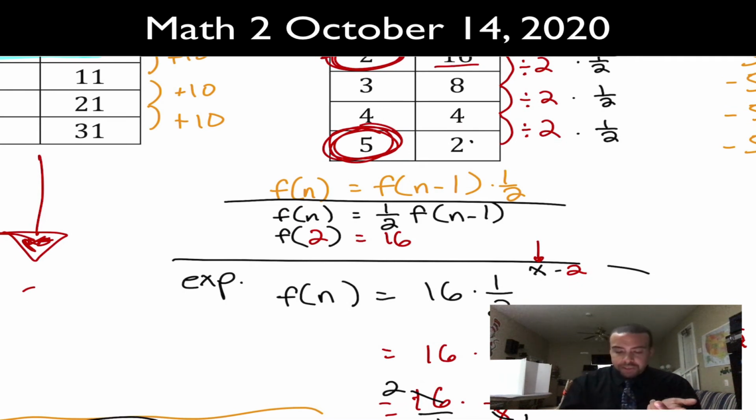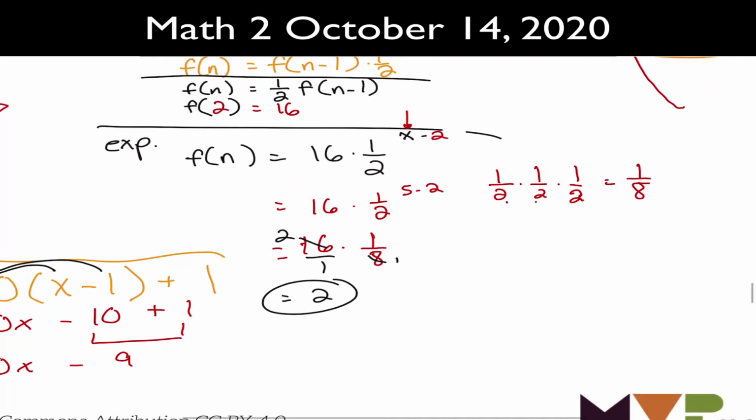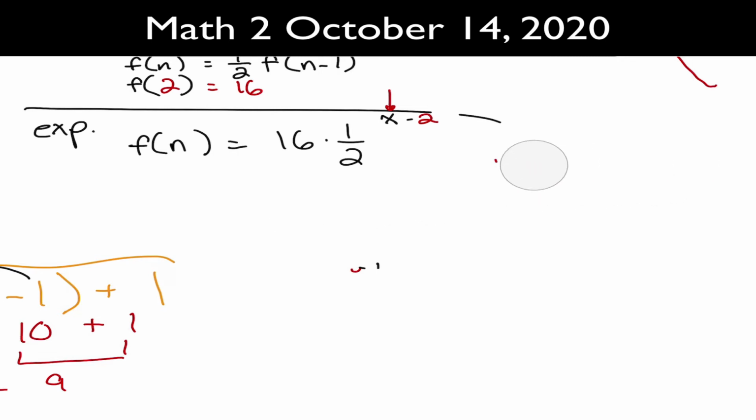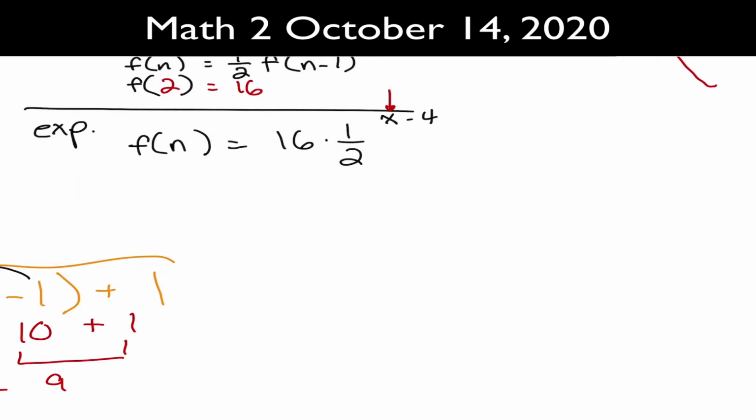So let's see if it works for the other one. Let's try it for 4. All right, so I'm going to erase this. And let's put in 4. So now I have, not 4, I still want this to be 2. I want this part to be 4. So 16 times 1/2 to the 4 minus 2.